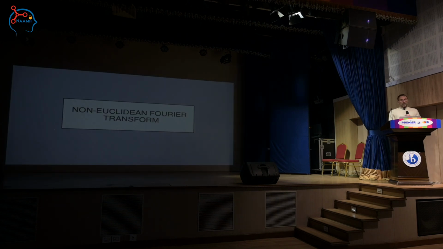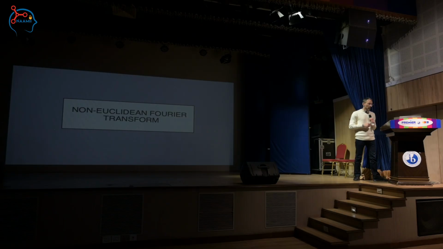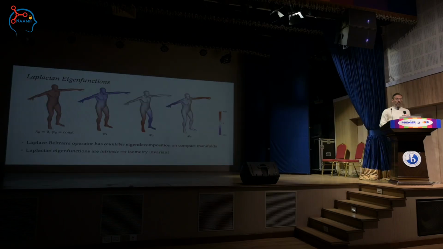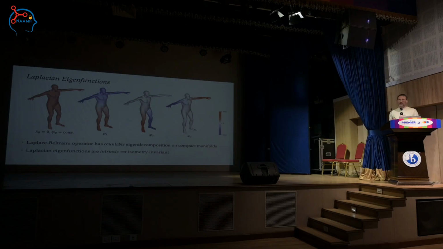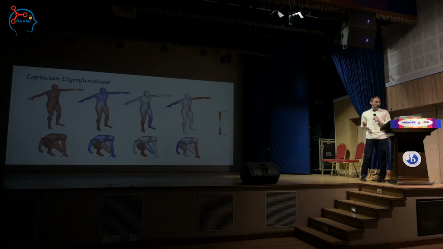Okay? So why am I telling you this? We want to design a non-Euclidean version of the Fourier transform, right? We can do it on manifolds, we can do it on graphs. Basically, these eigenfunctions of the Laplacian are the analogy of the Fourier basis. We know that they're orthogonal, right? We also, in the case of manifolds, know that they're intrinsic, so they survive deformations, right?